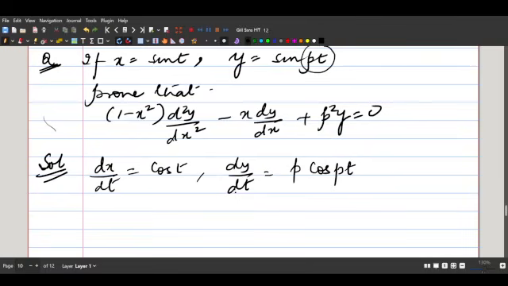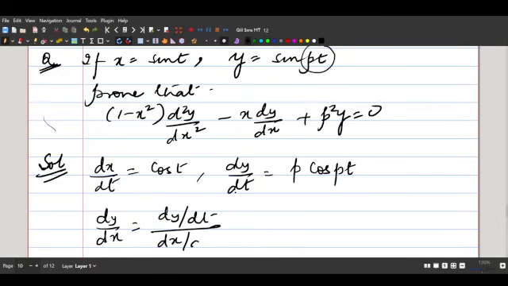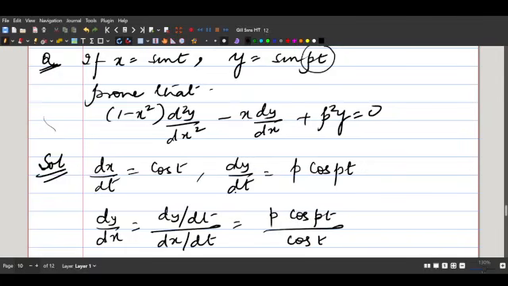To find out dy upon dx, what we have to do is divide dy upon dt by dx upon dt. So we'll put the values: p cos pt divided by cos t. Ultimately, we have to come to this kind of equation because we need to prove that. And for that, we need d square y upon dx square.